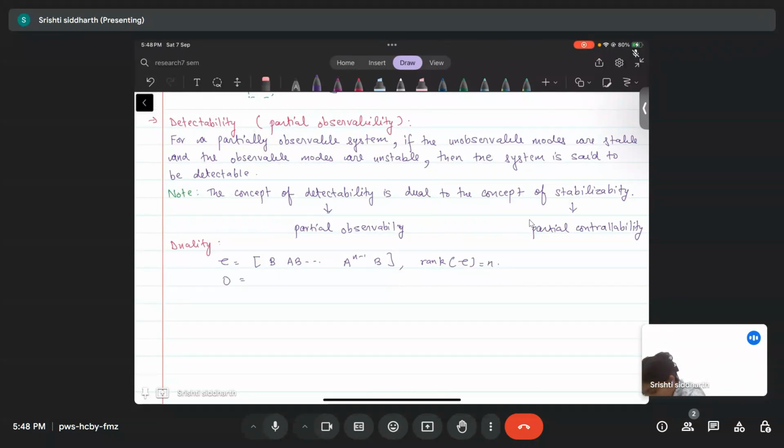And observability, which is C, CA up to CA to the n minus 1. The rank of this matrix is n. So let's say that this is for the system S1. That is x dot equals Ax plus Bu and y equals Cx, let's say D was 0 here.